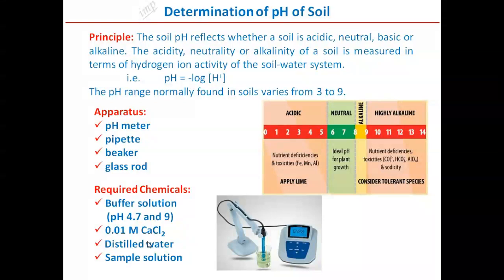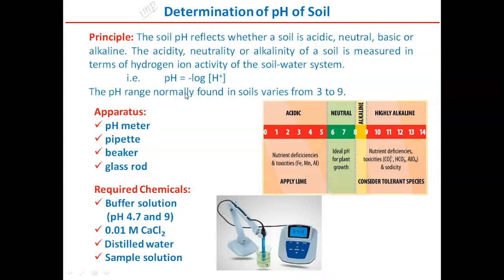Generally, pH reflects whether the soil is acidic, neutral, or basic or alkaline. This is very important, because for normal growth of plants the soil should be neutral, or the ideal pH of the soil is from 5.5 to 8.